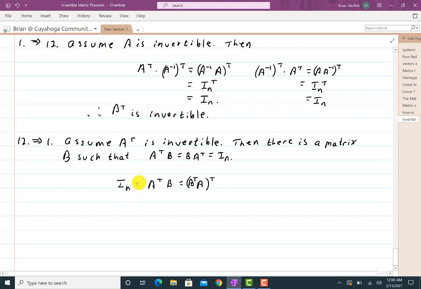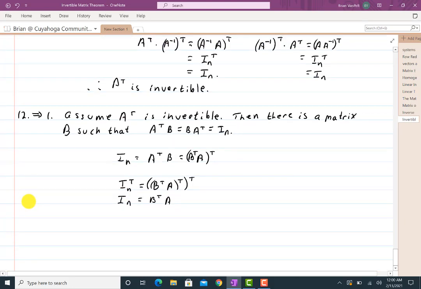Now I know that the identity matrix is the same as the identity matrix transpose. So In transpose will equal B transpose A transpose transpose. That's just B transpose A, and In transpose is just In. On the other hand, I can reverse this then. In equals B A transpose, which equals A B transpose transpose, right?